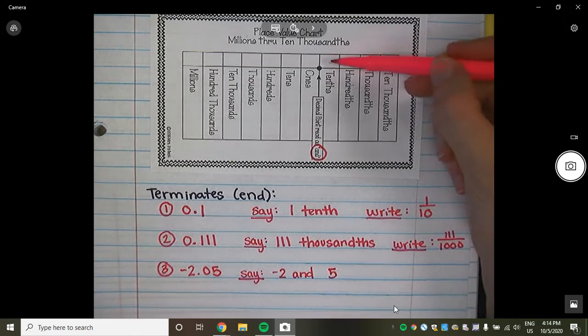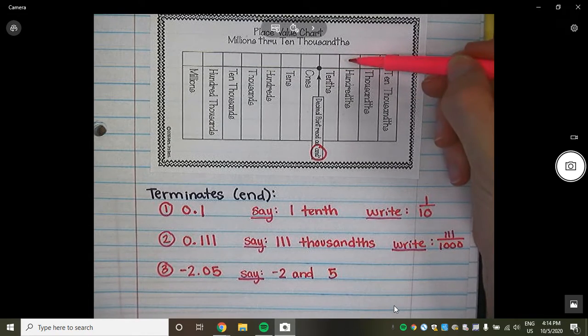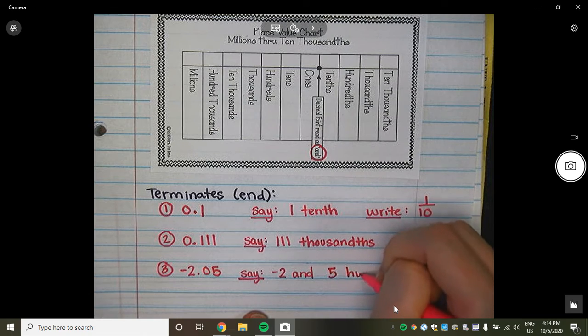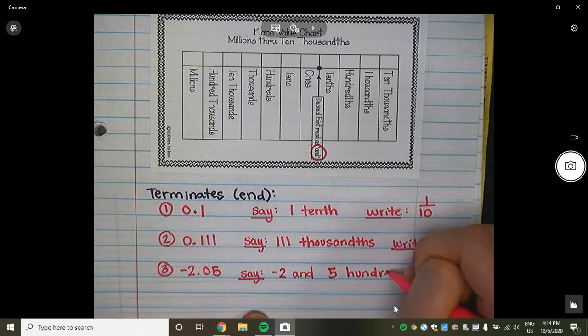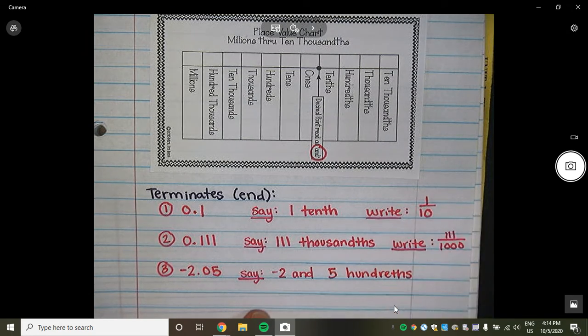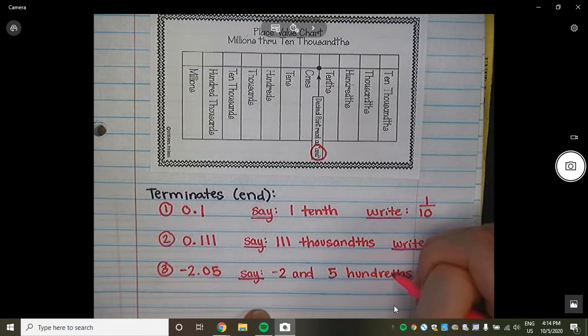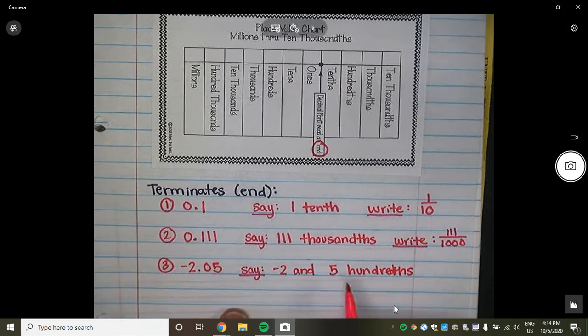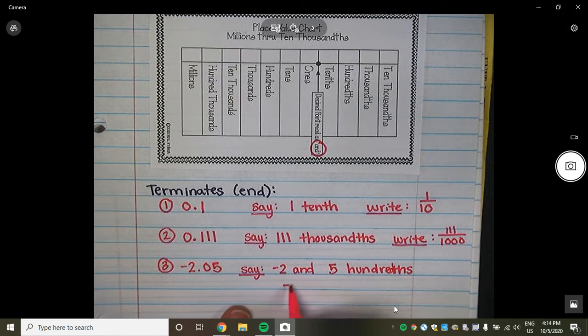Well, if I put a 0 here and a 5 here, I'm ending in the hundredths. So I have 5 hundredths. When I write that, I would write my -2 and 5 over 100.